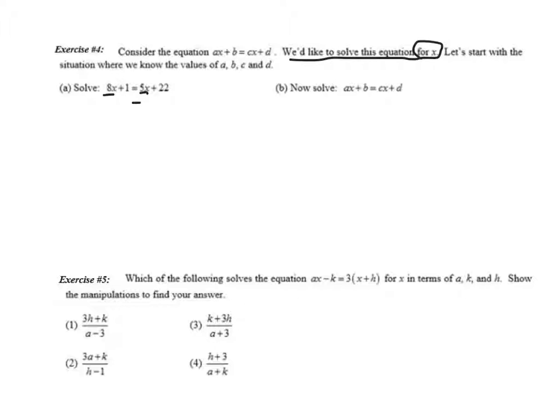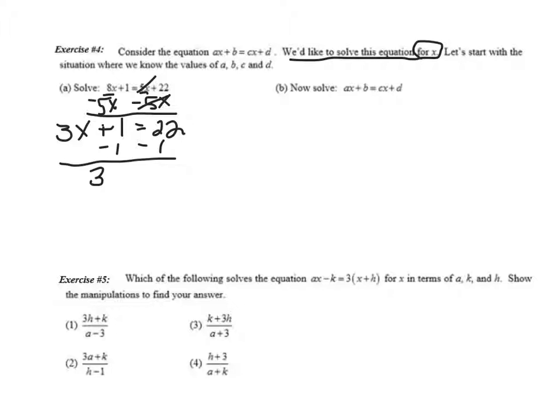So I'm going to get the variable to one side by subtracting 5x from both sides. 8x minus 5x is 3x, plus 1 equals, the 5x minus 5x cancel, you're left with 22 over here. To continue getting x by itself, we subtract 1 from both sides. You get 3x equals 21. Finally, dividing both sides by 3 gives you a solution of x equals 7.